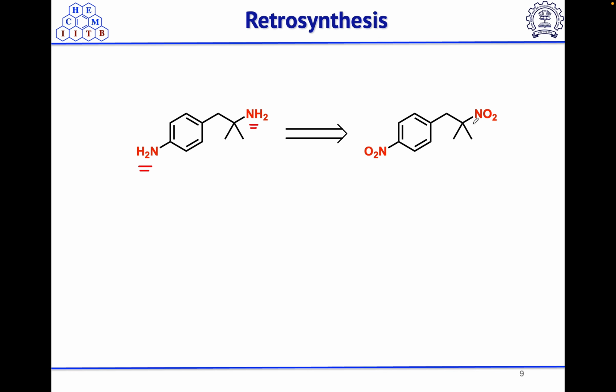If you see, next to nitro, this carbon has these two methyls. Both are symmetrical, and this is a benzyl. Now we can think about either this CC disconnection or this CC disconnection. Both will give the same result, so it is better to say this CC or this CC we can break. Now which CC disconnection will be more appropriate, more logical?